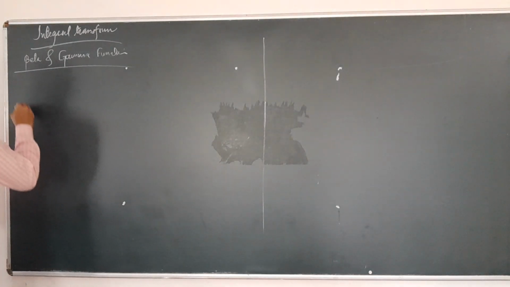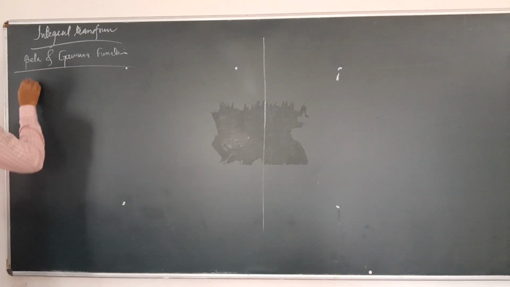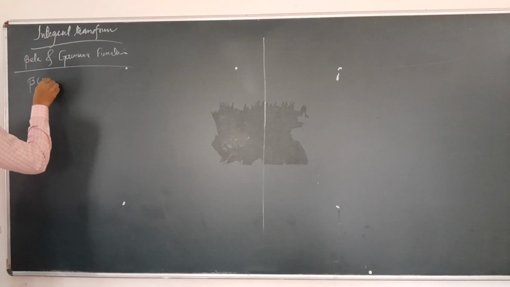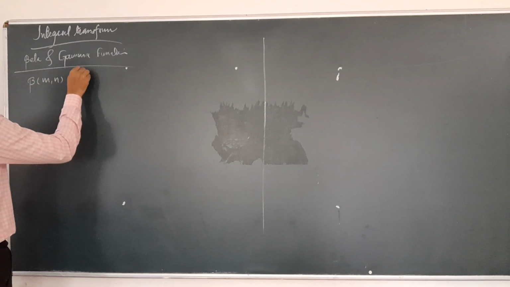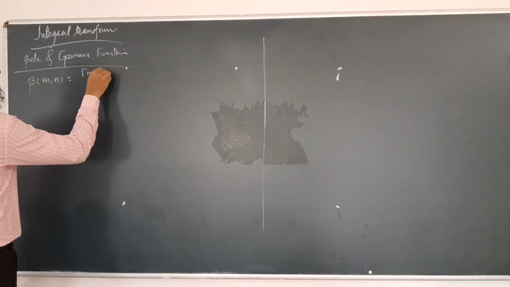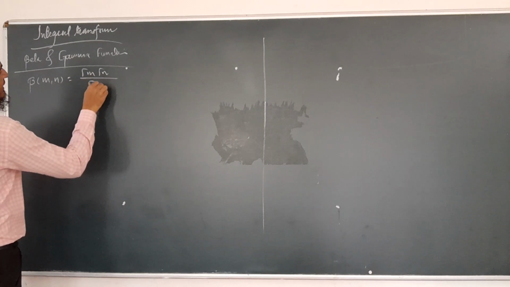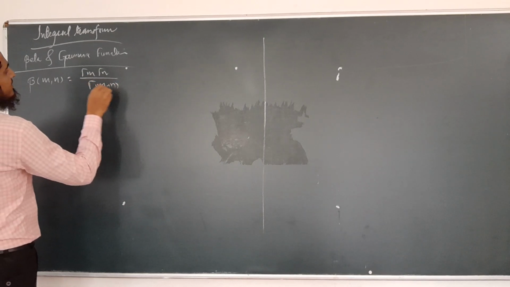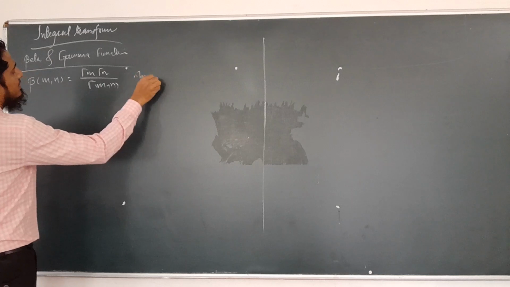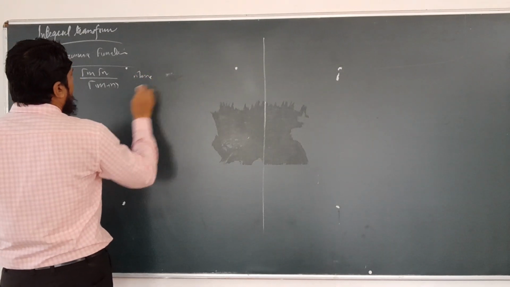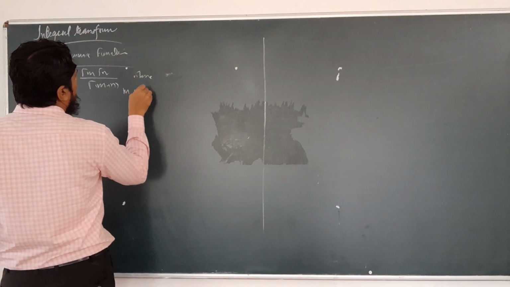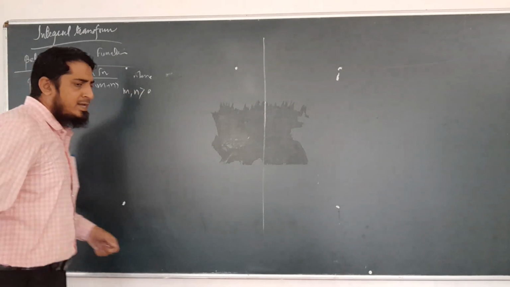As we have seen in the previous lecture, beta of m, n is equal to gamma of m into gamma of n upon gamma of m plus n, where m and n are positive. Correct?